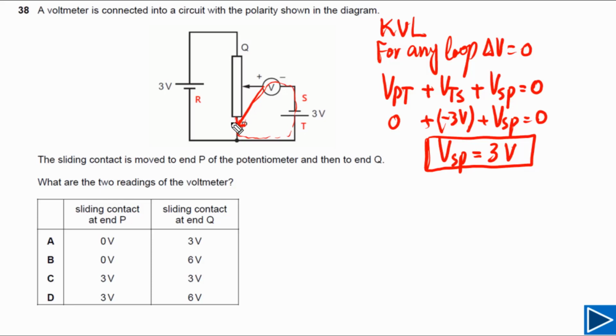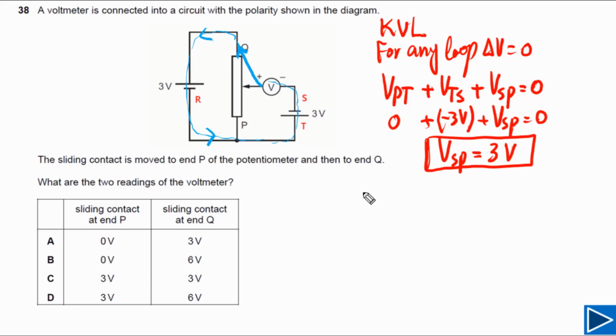Now let's move on and try to find out what the voltmeter reading is when this sliding contact is connected at NQ. When the sliding contact is connected at NQ, we can consider this loop here, and we can also go anti-clockwise.